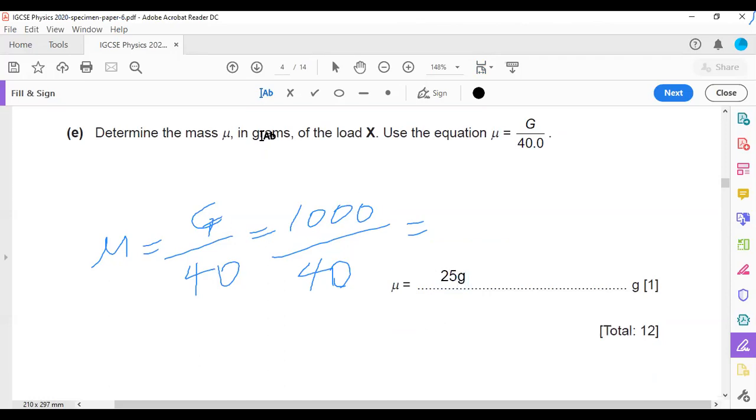The unit is in grams. Good, so when you work that out in a calculator, you get 25 grams. Good. So that's question 1.